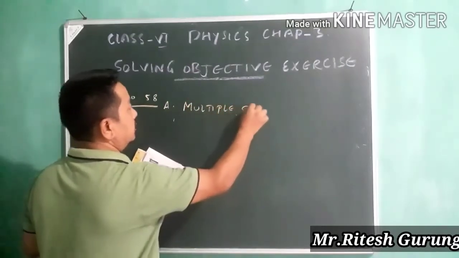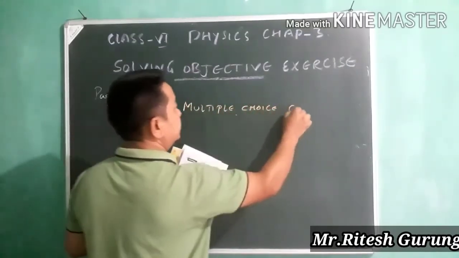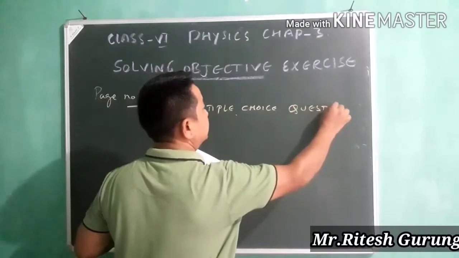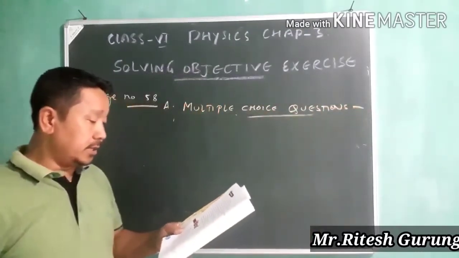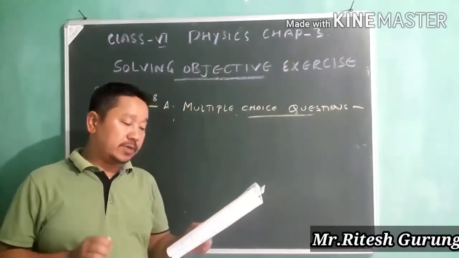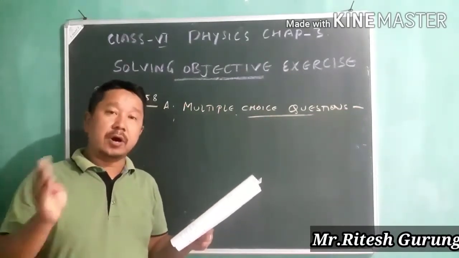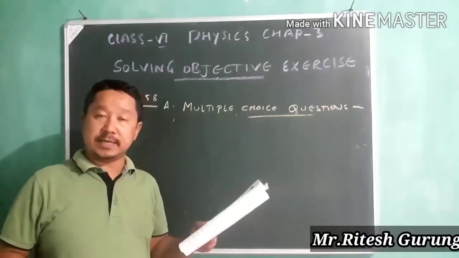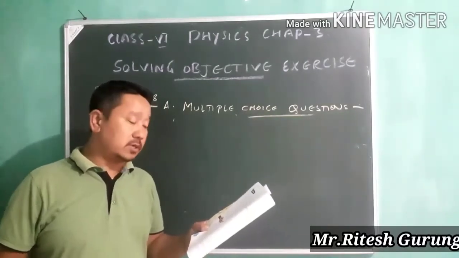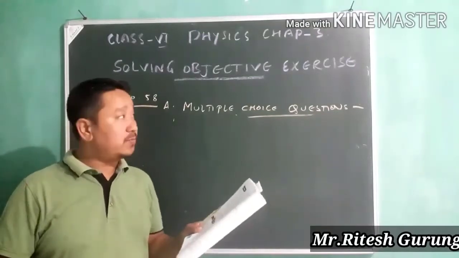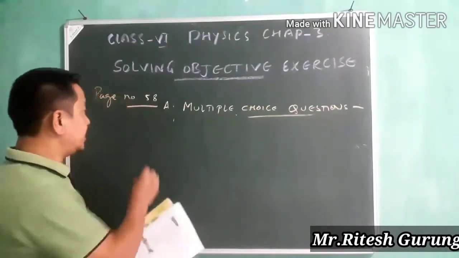Multiple choice questions, where you find in every question 4 options are there for its answer. So from there you just have to find the appropriate one. All right. So number 1 is there.